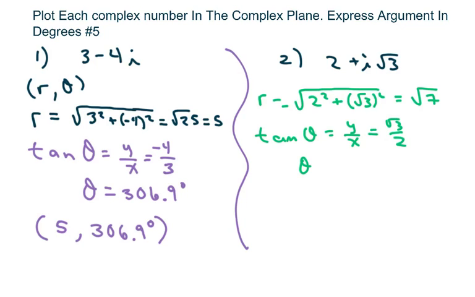And if you take the inverse, you get 40.9 degrees. So my polar coordinate is the square root of 7, 40.9 degrees. Now we're going to plot these two, and I'll get some graph paper up.